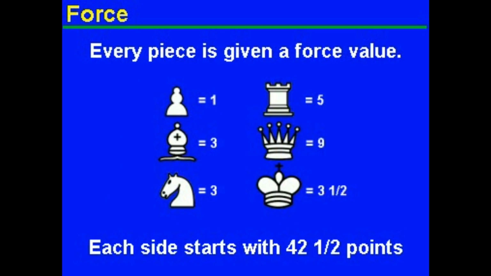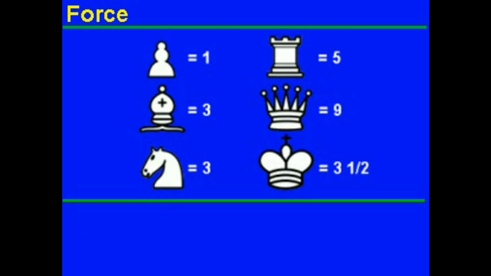This means that every game starts with a total of 42 1/2 points for each player. Now many people do not give the king a force value at all, or give the pieces different force values, but these are the values the grandmaster I studied under recommended, and the king should be given a value so you can calculate force in any given area when chunking. But I'm getting ahead of myself.